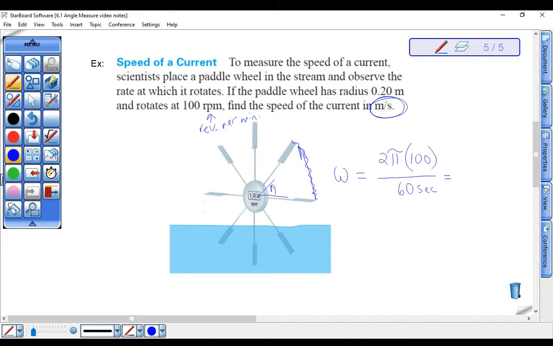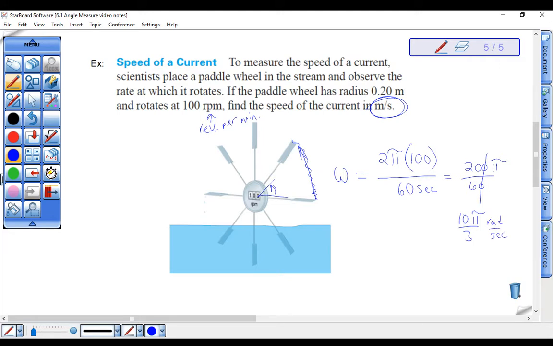Let me go ahead and reduce that. 200 pi over 60 reduces to 10 pi over 3 radians per second.